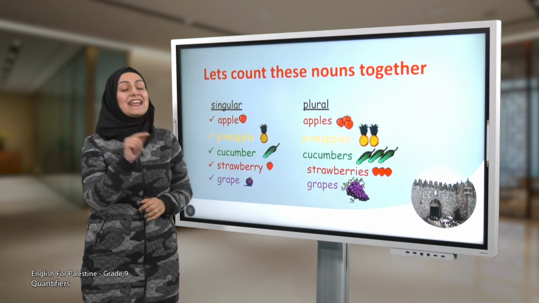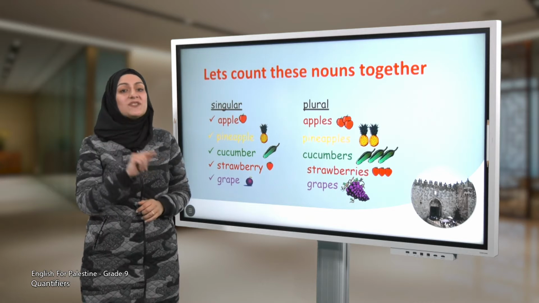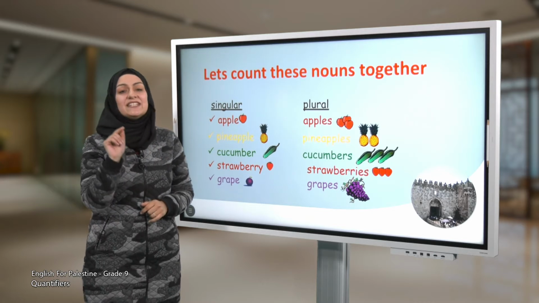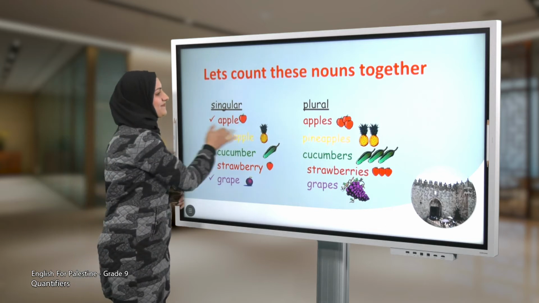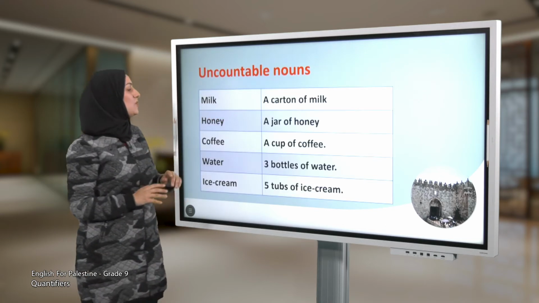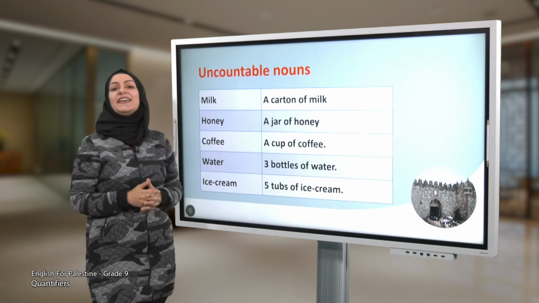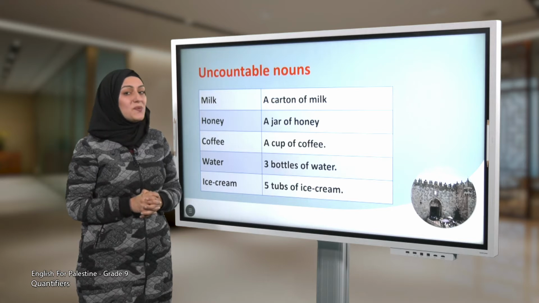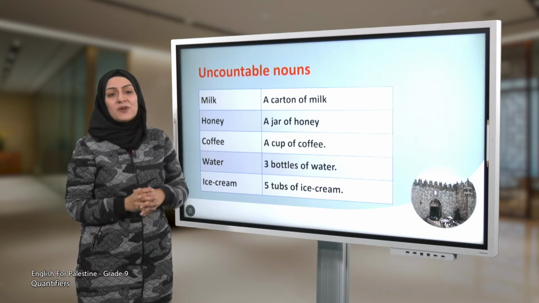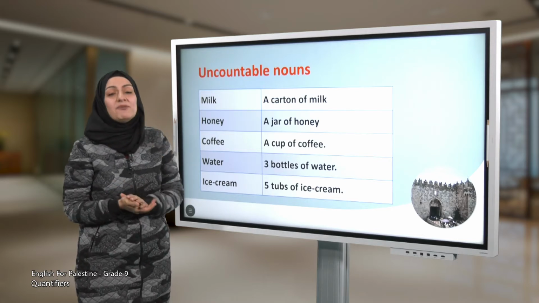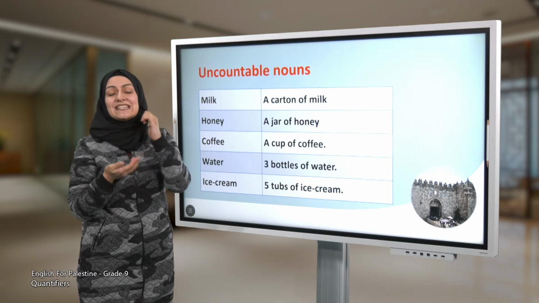Now let's look at another group of nouns and see if it's easy to count them. Okay, we have milk. Can we count milk? No, actually we can't. Why? Because milk is liquid. It's very difficult to count it itself.